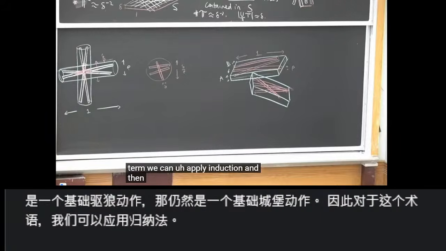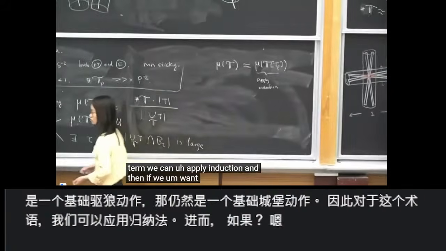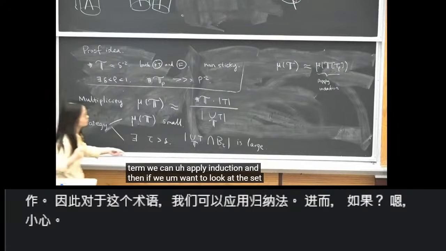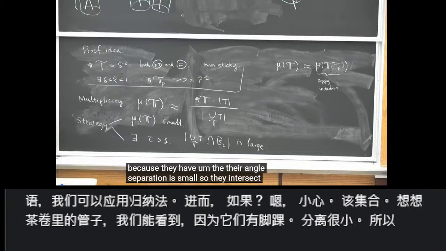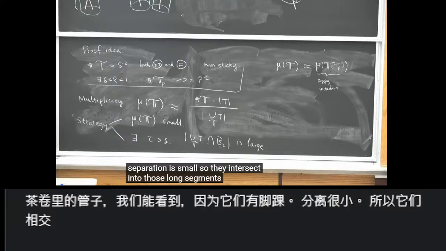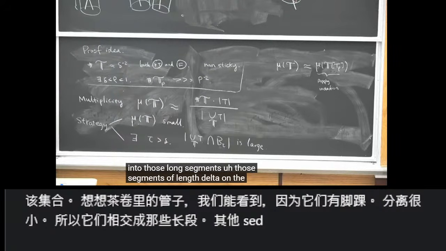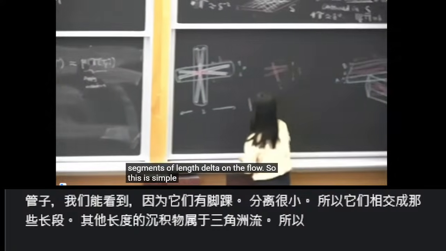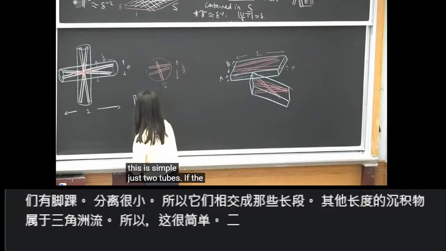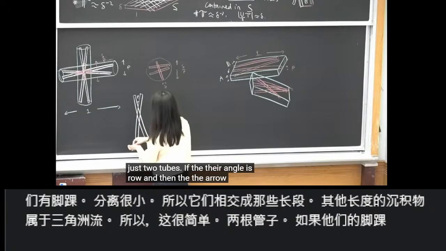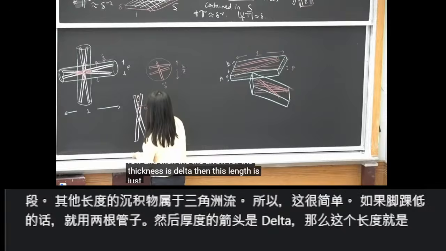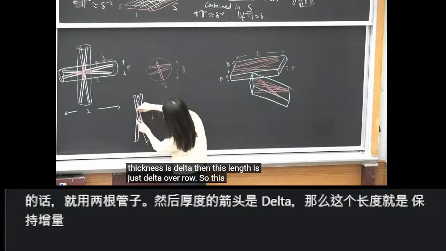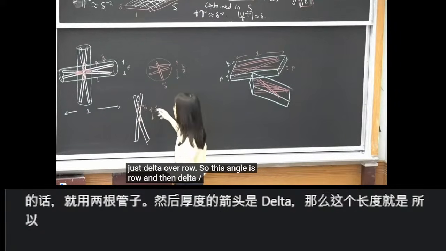And then if we look at the set of thin tubes in T rho, because their angle separation is small, they intersect in long segments, those segments of length delta over rho. This is simple: just 2 tubes, if their angle is rho, and the thickness is delta, then this length is just delta over rho. So this angle is rho, and then delta divided by rho.